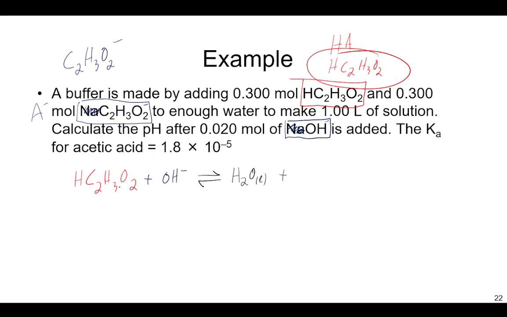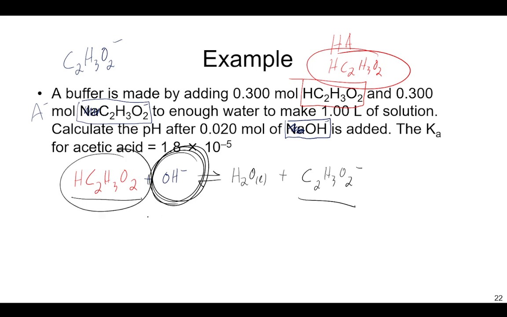And the conjugate base of the acid that's reacting, right? Which makes sense because that is my buffer. That is the conjugate acid-base pair involved in this reaction where I'm adding a base to this buffer. It's going to react with the acid and make the conjugate base, right?